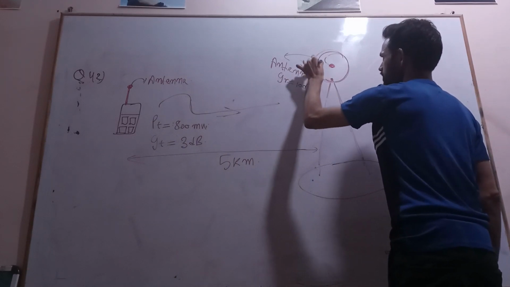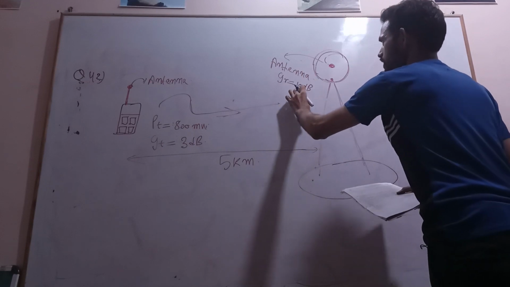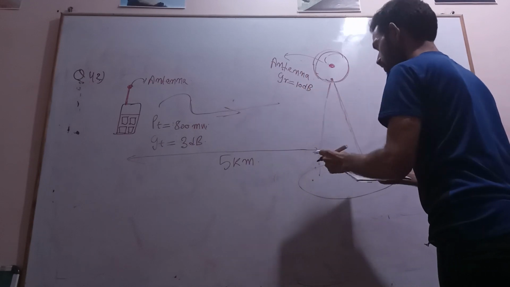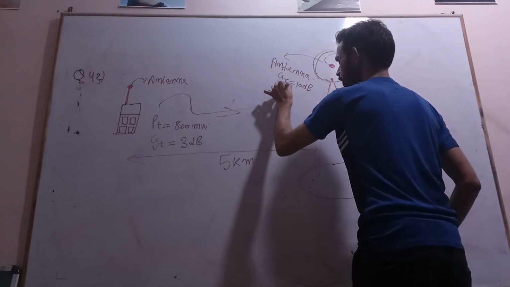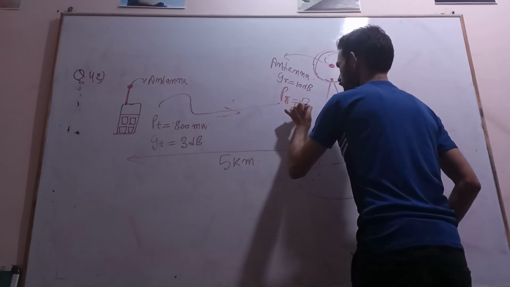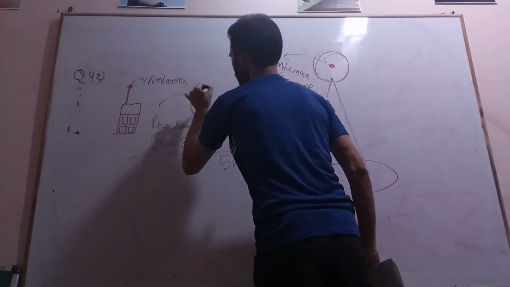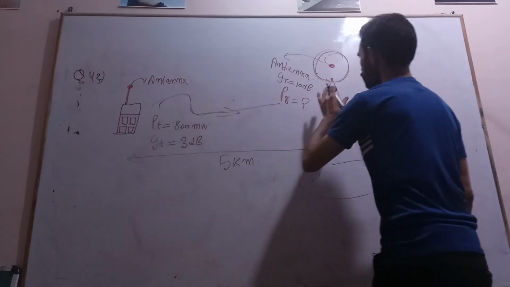The antenna gain of this tower is 10 dB, and the receiving power we don't know. This is my transmitting signal from mobile to base station.